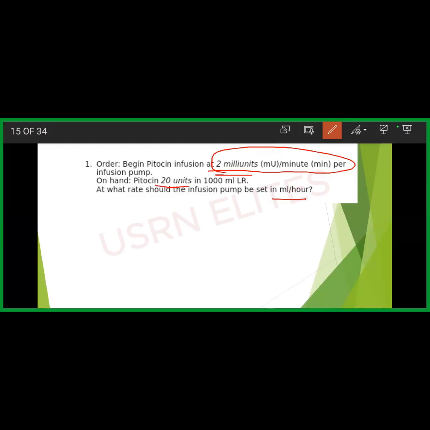Before we begin our calculations, we have to make sure that this unit conforms with what we have here. It's in units, then per minute here, but because we are leaving our answer in hours, you have to make sure that this whole thing is in units per hour, not units per minute.